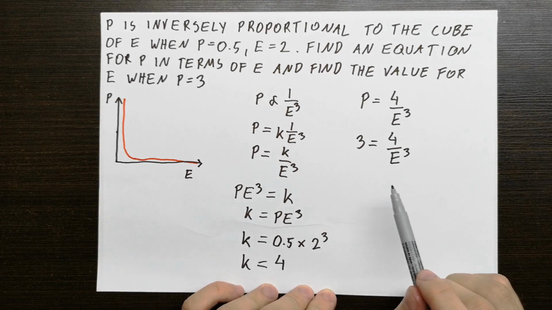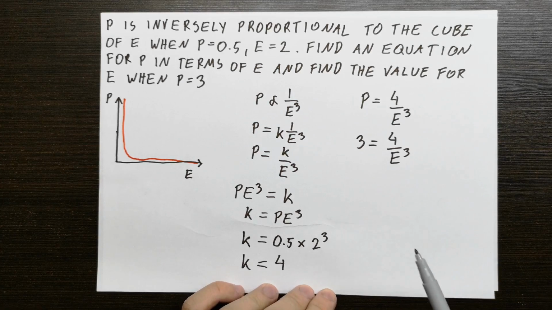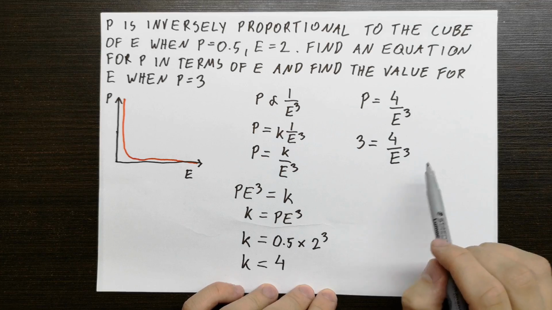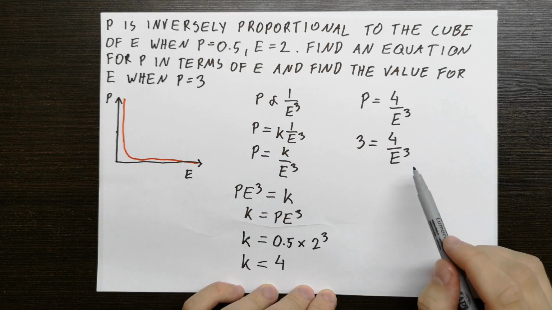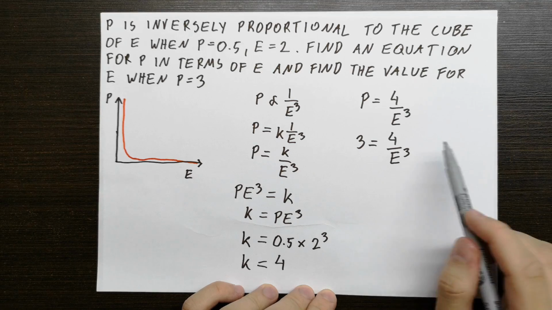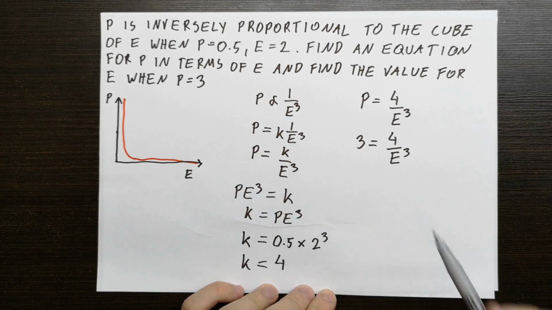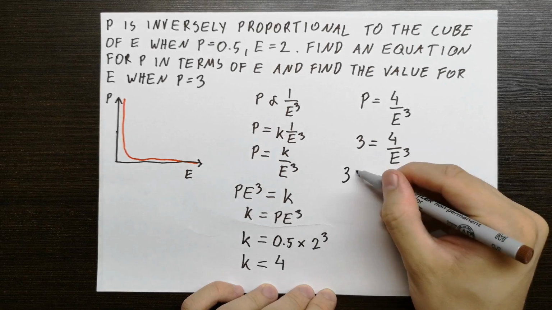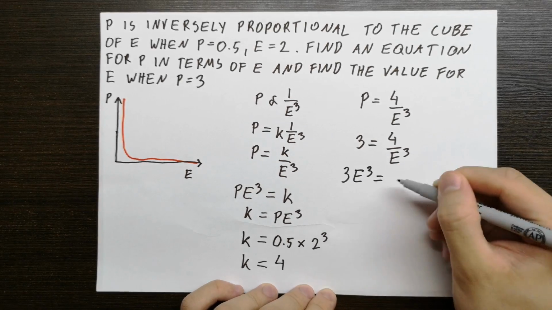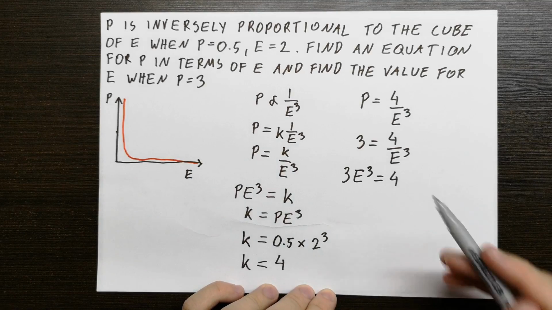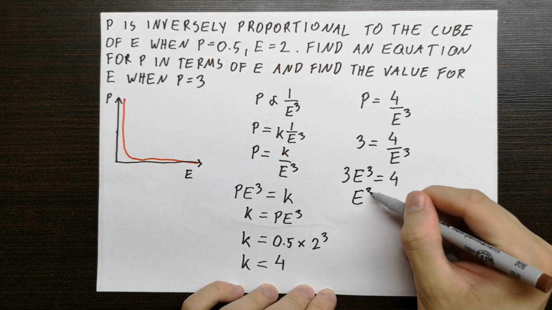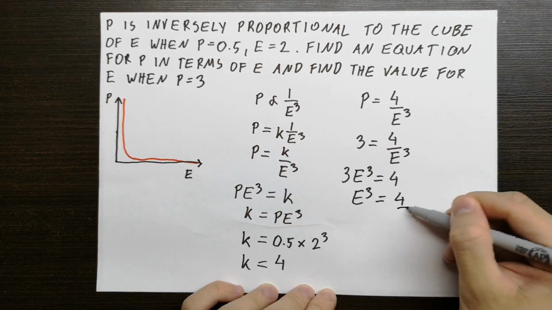So what do we do in such a situation? Well, we just have to rearrange this. We can do it in a two-step way. First, we will multiply both sides by E cubed. So 3E cubed is equal to 4. And now we are just going to divide both sides by 3. So E cubed is 4 divided by 3.